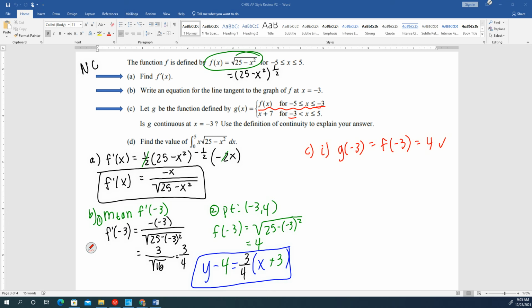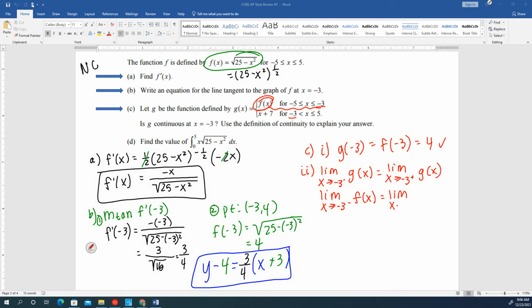The second thing, you have to check the left and the right-hand limit, and you have to make sure they're approaching the same thing. So that's like my double I. You have to check the limit as x approaches -3 from the left has to be the same as the limit as x approaches -3 from the right of g of x. Okay, so looking at my two pieces, as x approaches -3 from the left, I would use this piece, f of x.